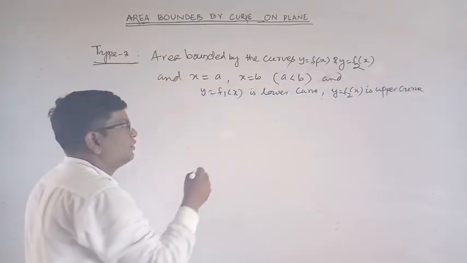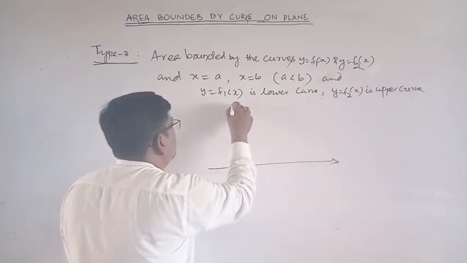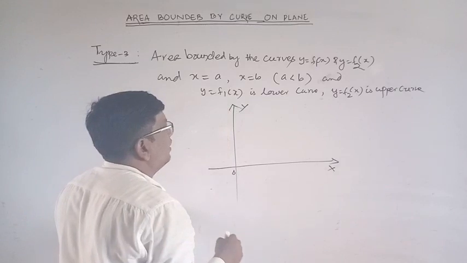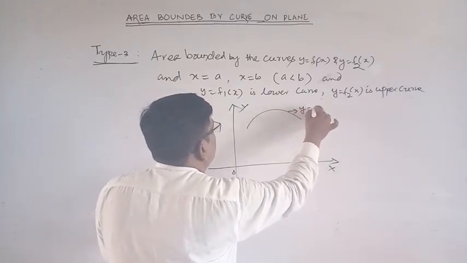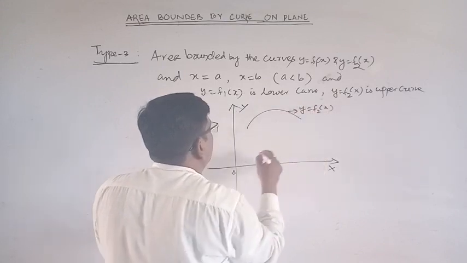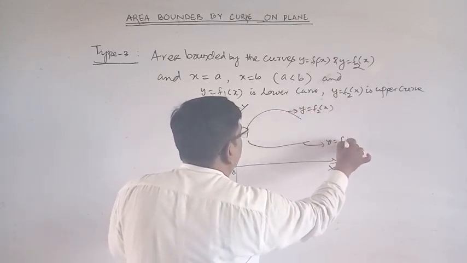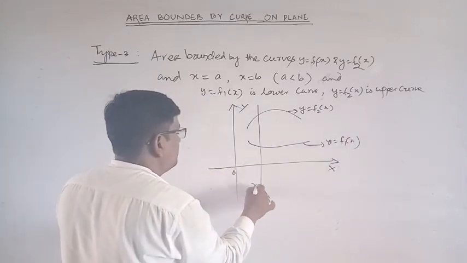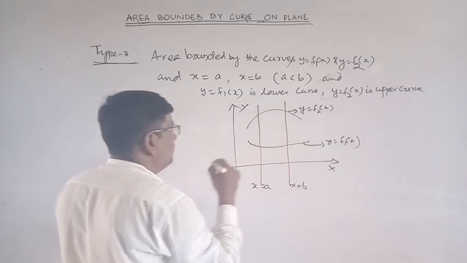Okay, so suppose this is the coordinate system, x axis here, y, and the graph is here. Suppose this is y is equal to f2(x) and this is y is equal to f1(x). This is x is equal to a and this is x is equal to b.